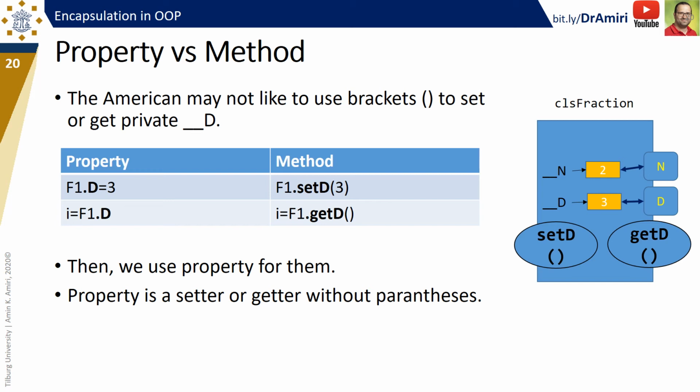You just want to simply write down f1.d. So for these cases, if the American says that I don't like it, but I need data adjustment, I need data validation behind the scene, then you use properties. So property is a setter or getter without parentheses.